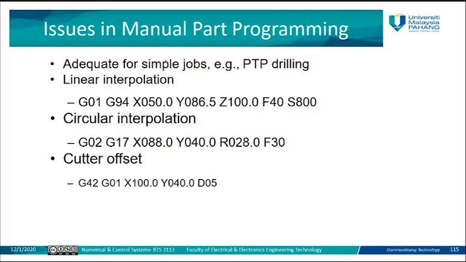So manual part programming is suitable for simple tasks, but for complicated ones, you may go for, for example, computer assisted programming, CAD CAM programming, and so on. All this makes it easier because you have the support from the computer software.